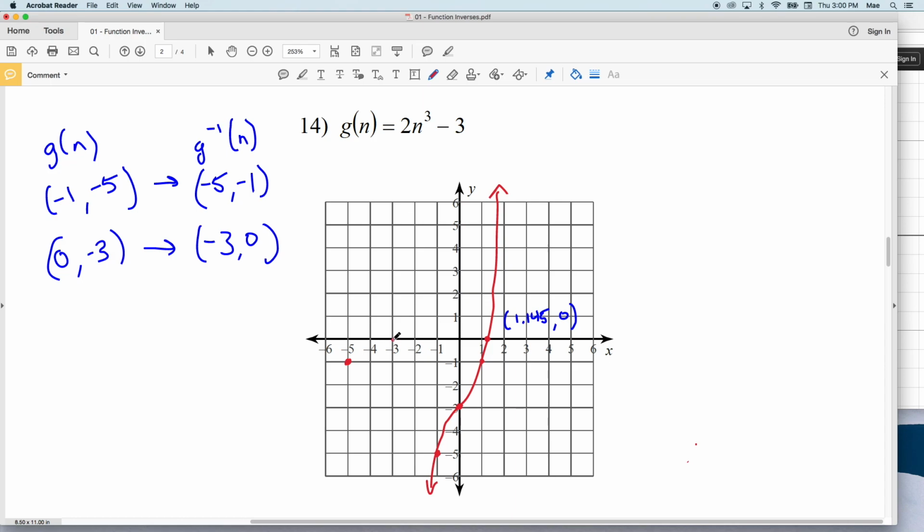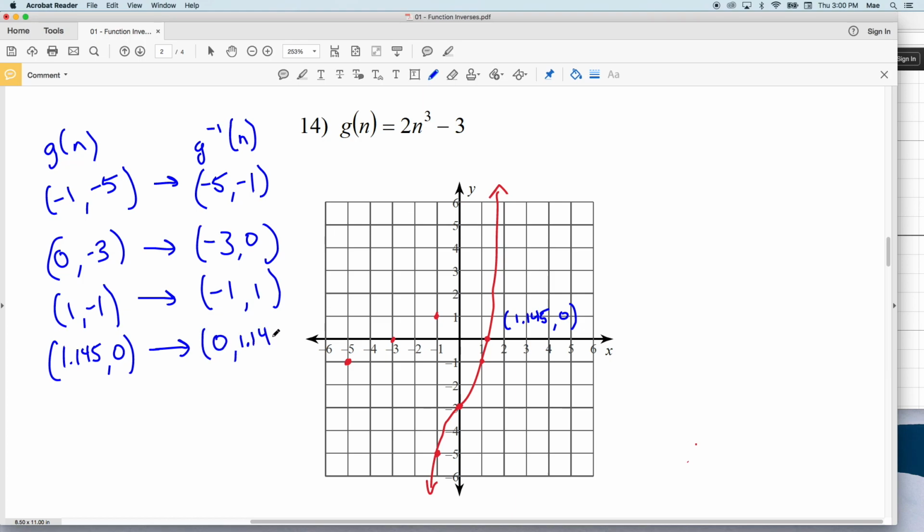And as opposed to (1, negative 1), we will have (negative 1, positive 1). And that (1.145, 0), we will get (0, 1.145).